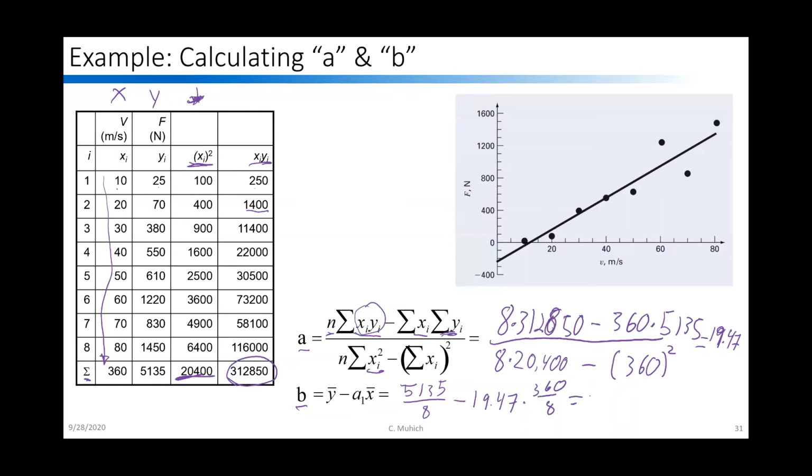I do out the arithmetic and I get negative 234.28. Right. So my estimate for the force is the slope, 19.47 times the velocity, minus the intercept, which is 234.28.